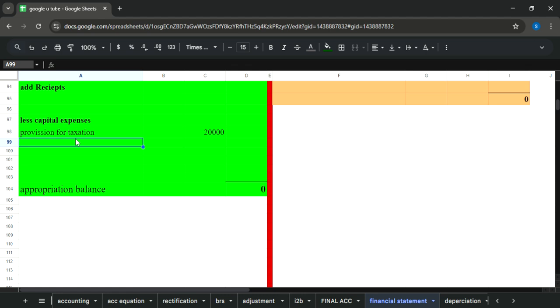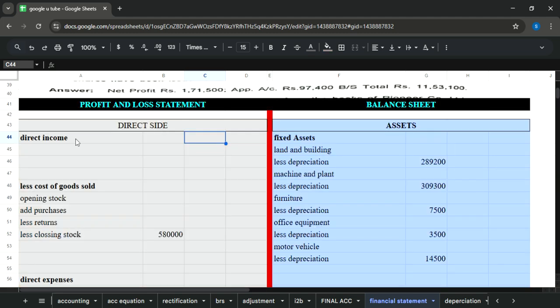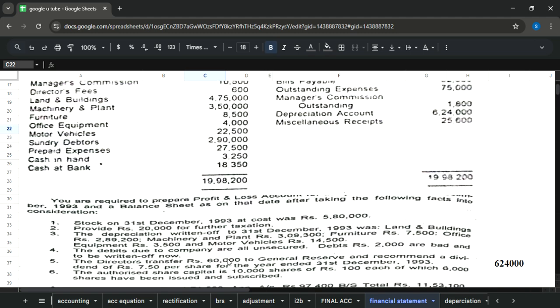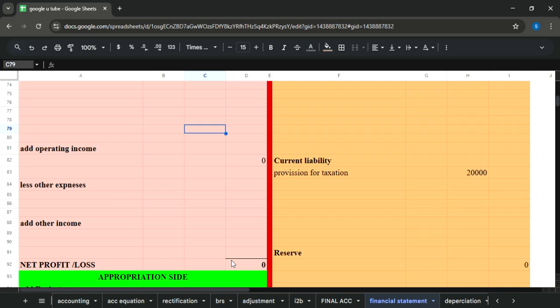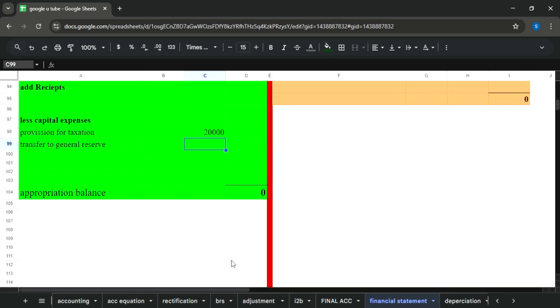Over here, transfer to general reserve, the amount of which is 60,000. So as a first step, we will write 60,000 on the appropriation debit side.